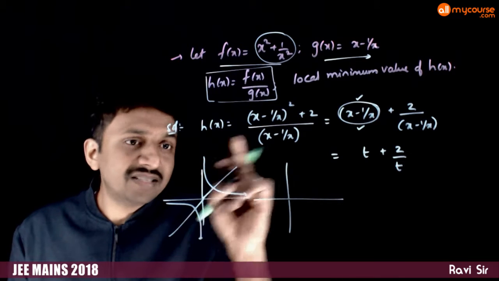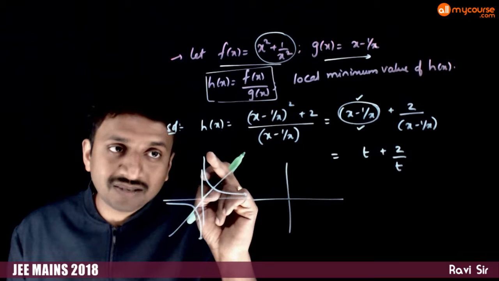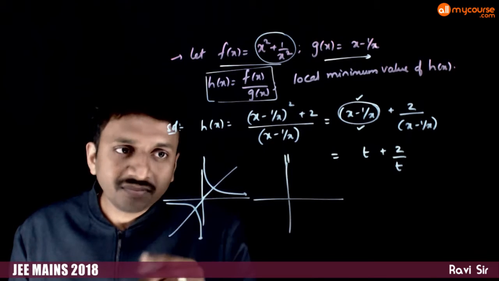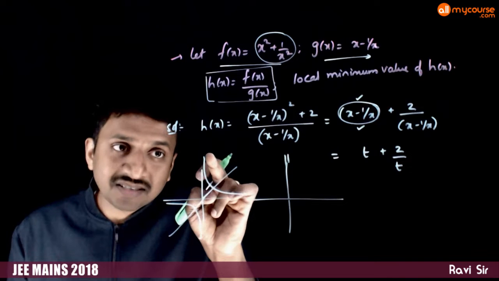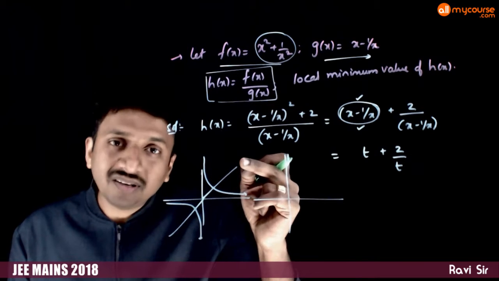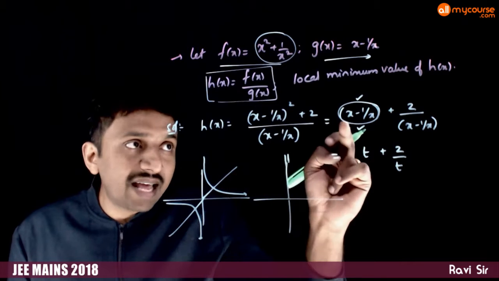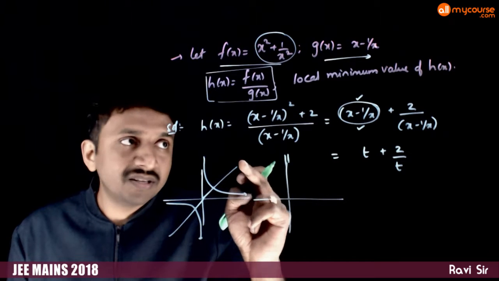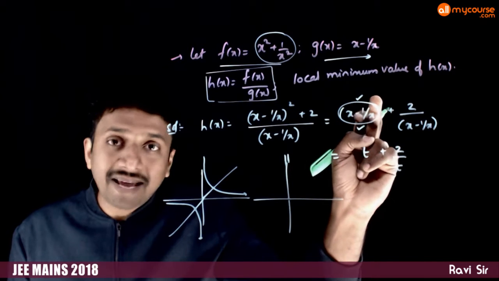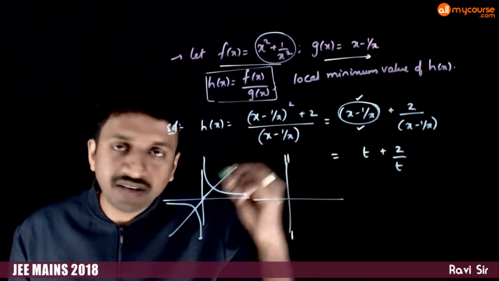So the graph is x minus 1 by x. Infinity minus 0 is infinity. And as this decreases and this increases, what happens to the difference?